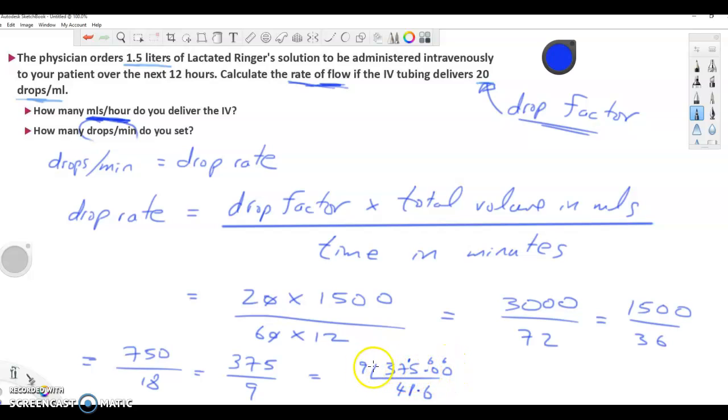And that pattern repeats. The drop rate is usually set to the nearest whole drop, so 41.6 rounds up. Our answer is 42 drops per minute.